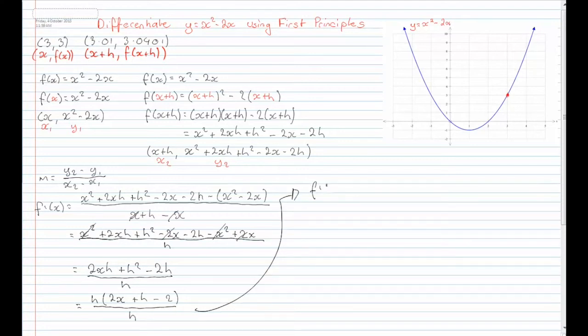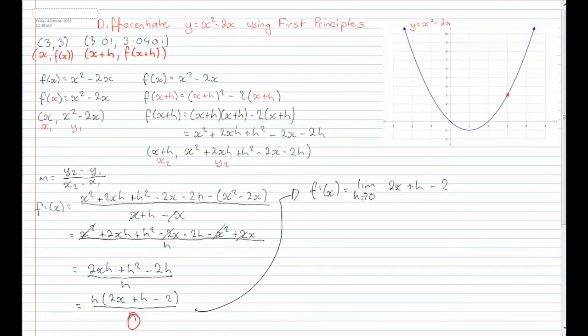Therefore, f dashed of x equals the limit as h approaches 0, because of course h cannot equal 0 on the bottom here, because if it does, it doesn't exist. So that's why it's the limit as h approaches 0. That will be equal to 2x plus h minus 2.